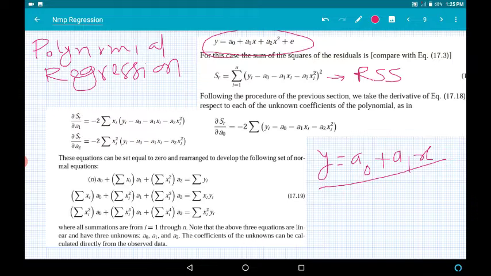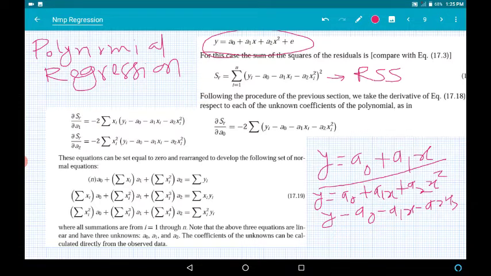It will be y minus, I will take everything on one side, minus a0 minus a1x minus a2x square. So this will be for a given point yi. For a given point yi, this will be the error ei, right? And then I will calculate this error for all the points and I will sum them up, which will give me the residual sum of squares, right? So this is the residual sum of squares, SR.